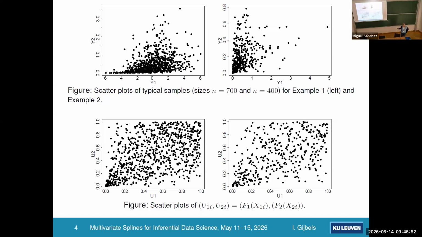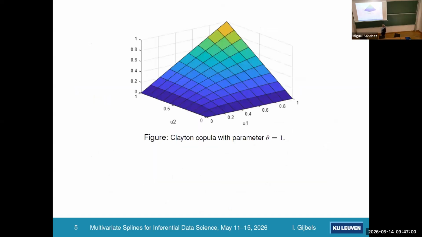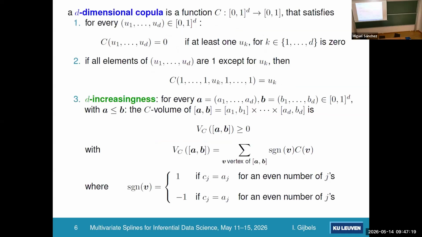There you see that the dependence structure is clearly the same for these two underlying data sets. This is this copula, which I used in this example, which lives on [0,1] and which is just a bivariate cumulative distribution function with uniform marginals. That's it.